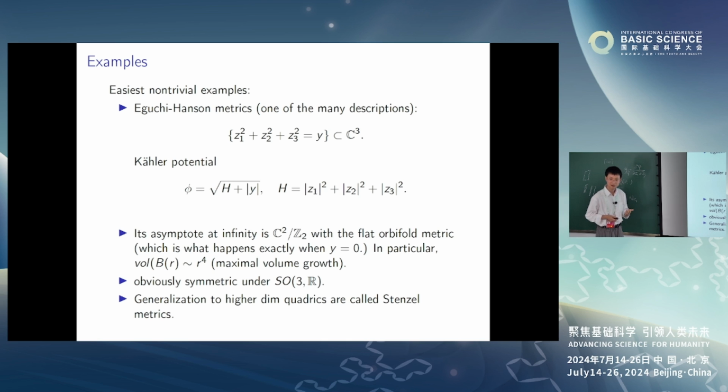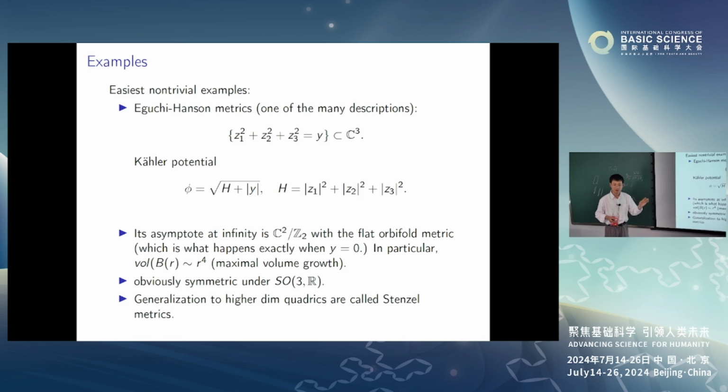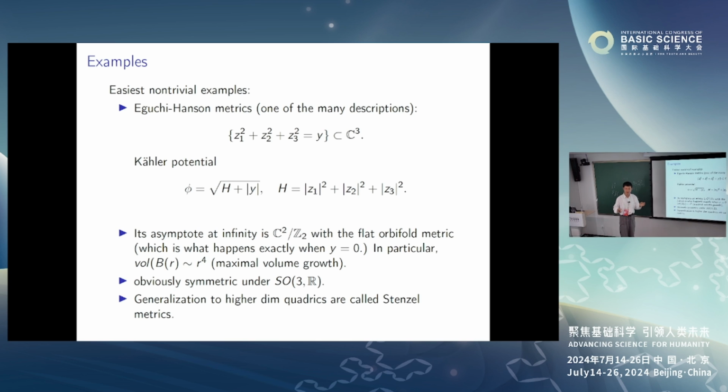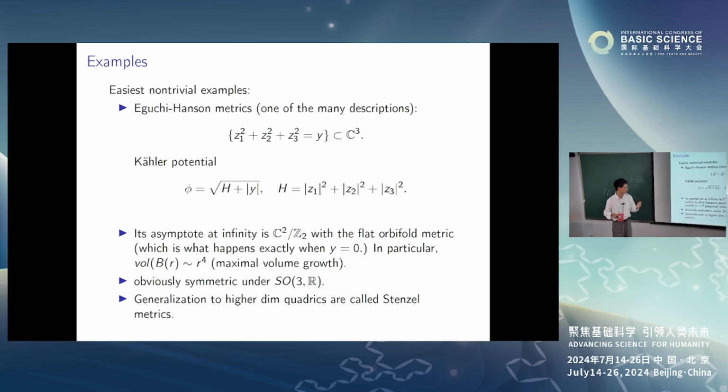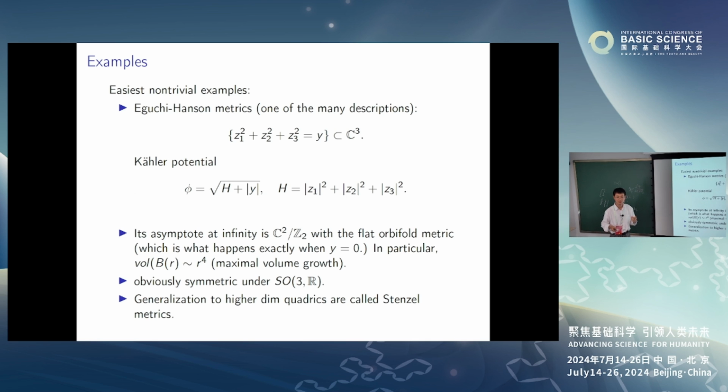The reason it's called maximal is because there's a general fact in Riemannian geometry. Suppose your Ricci curvature is equal to 0, so it solves the Einstein equation. Then the volume of the geodesic ball divided by the Euclidean volume of the corresponding ball with the same radius is always bounded above by 1.